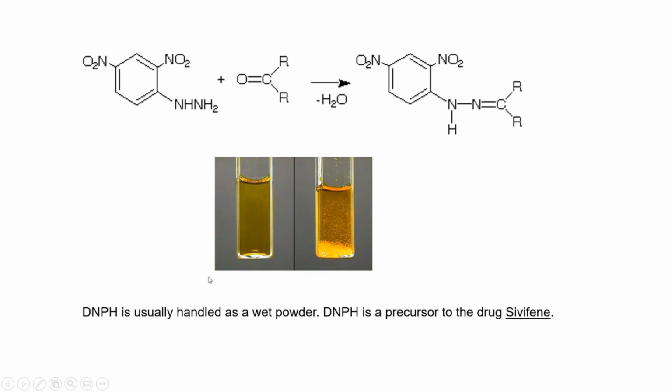But there is an issue: DNPH is heat sensitive or shock sensitive, especially if it is dry it can be explosive. So that's why it is handled as a wet powder, and it is a precursor to the drug Sibifin.